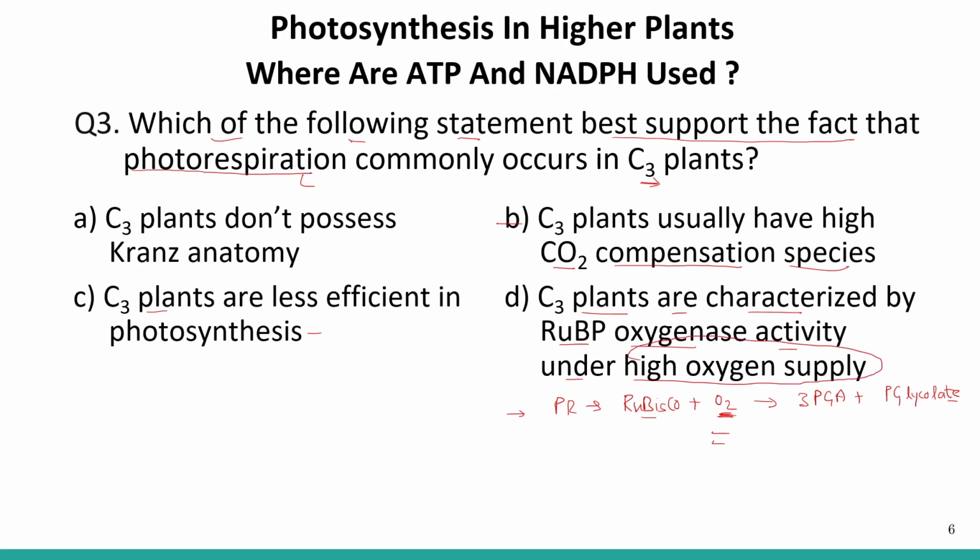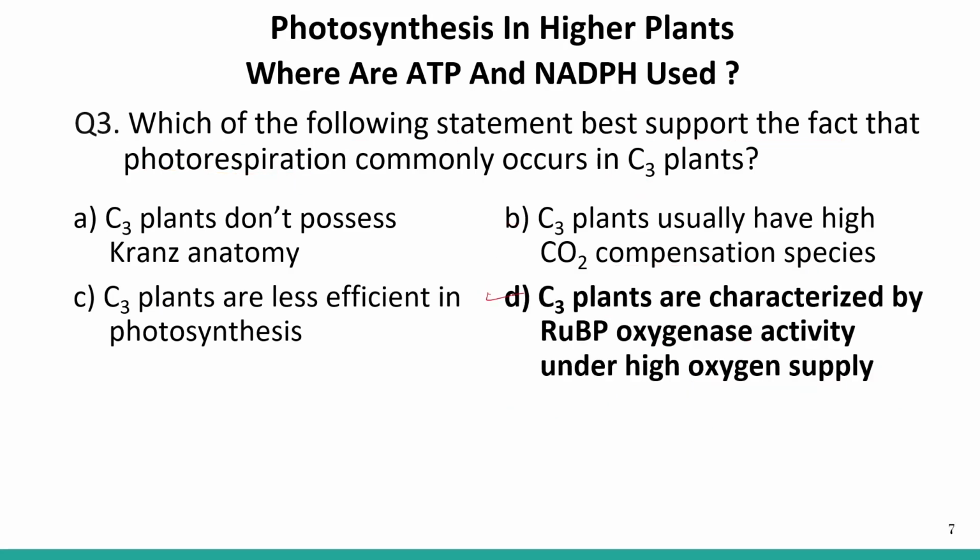Okay. So which statement best supports the fact that photorespiration commonly occurs in C3 plants? What should be the answer? Option D. C3 plants are characterized by RuBP oxygenase activity under high supply of oxygen.